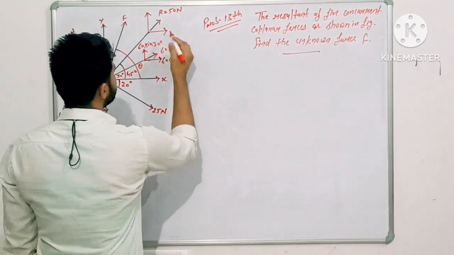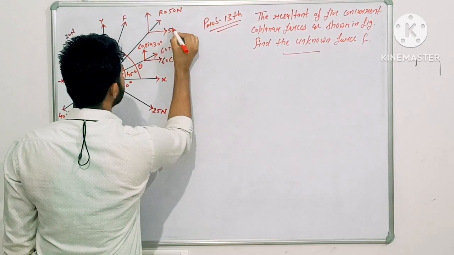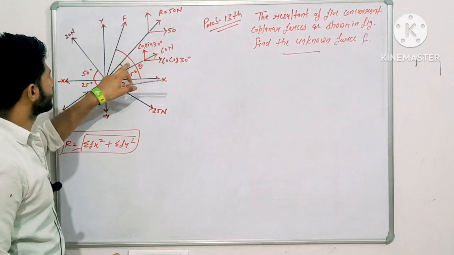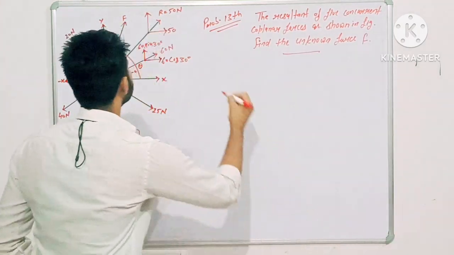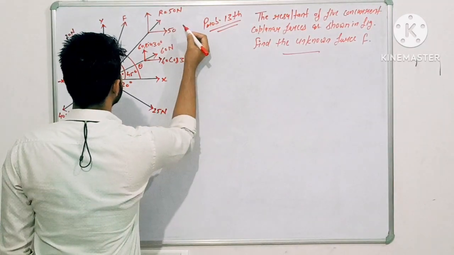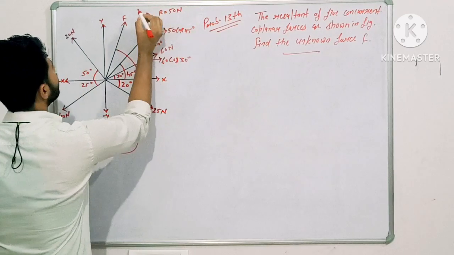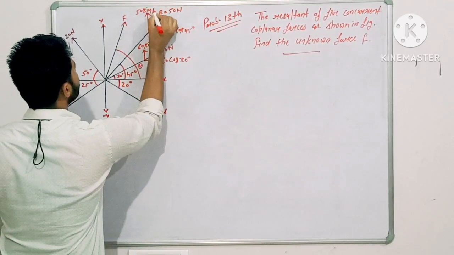Now we can break it easily. This resultant is inclined at 45 degrees, so take cos with the horizontal: 50 cos 45 degree, and 50 sin 45 degree.